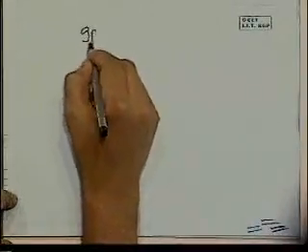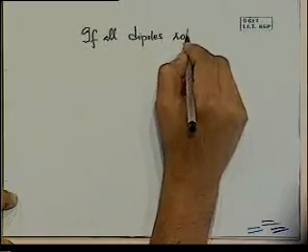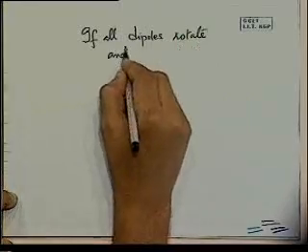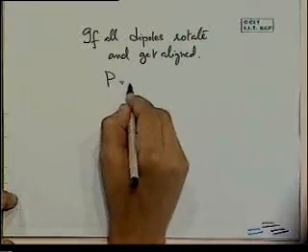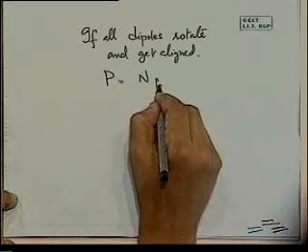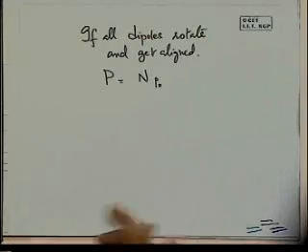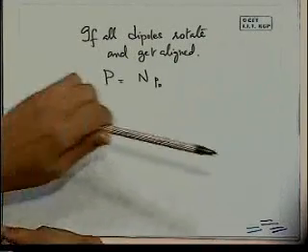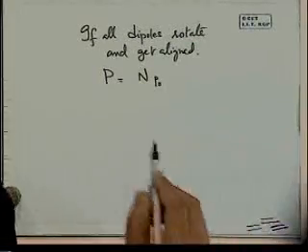If all the dipoles rotate and get aligned, then my polarization is simply n dipoles times the permanent dipole moment. I had n dipoles per unit volume in there, and they've all been aligned along the field now, and we end up getting n times P naught, which is the permanent dipole.